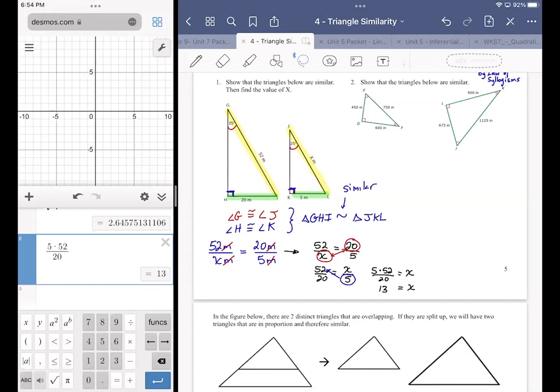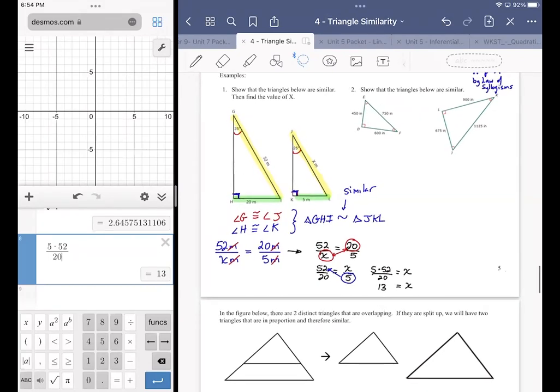Yeah. So the second example here, show that the triangles below are similar. Now this is a subtly different question because it's not really asking us to solve anything. It's asking us to demonstrate that the 2 triangles are similar to one another. Well, I already have one piece of information. Actually, I kind of have everything.